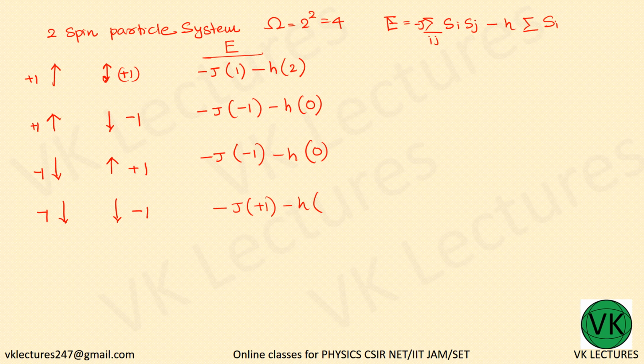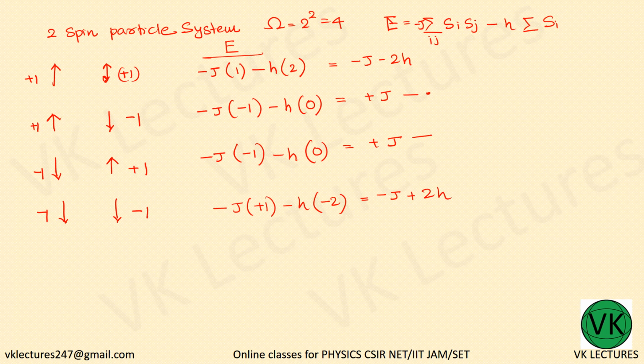So the energies are minus J minus 2H, plus J, plus J again, and minus J plus 2H. Here we need to understand that these two are degenerate states, and the other ones are non-degenerate.